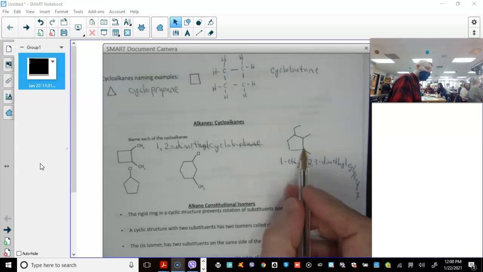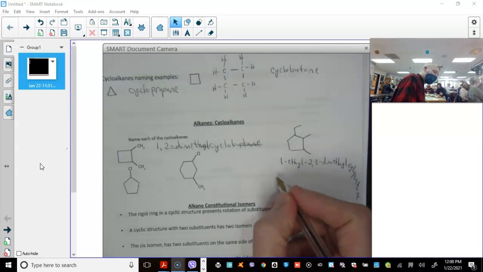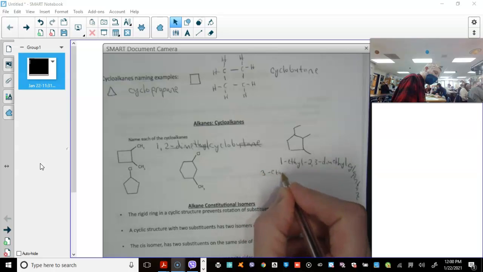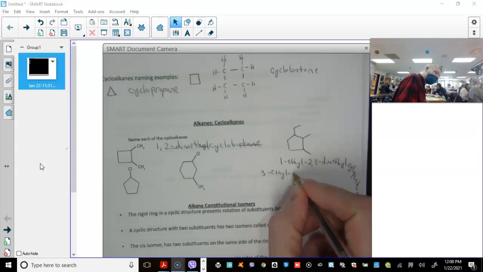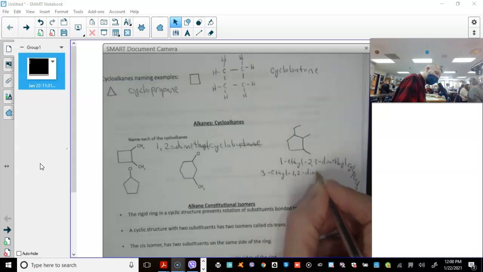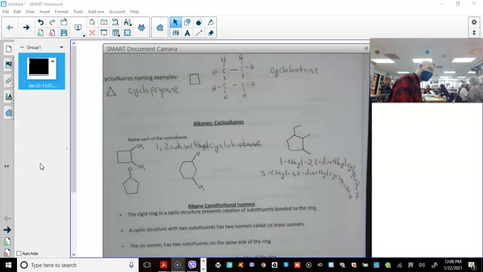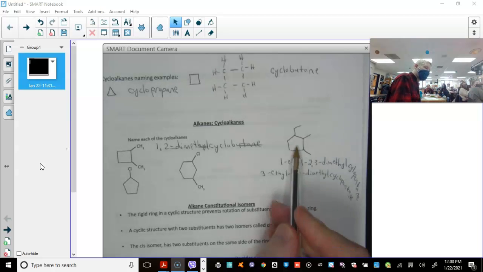But we could also name it with the methyl being 1. Both names would be acceptable. If you Googled either one in Google Images, it would give you this.